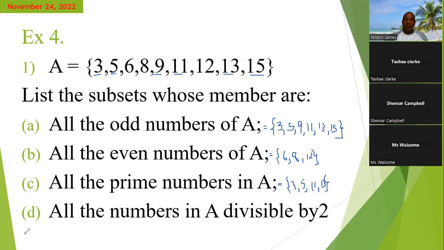All right, what about all numbers in A divisible by 2, meaning that if you divide them by 2, there will be no remainder. What are they? 6, 8, and 12, sir. Right, so it means that this now would point to that set, which would be the set of even numbers.